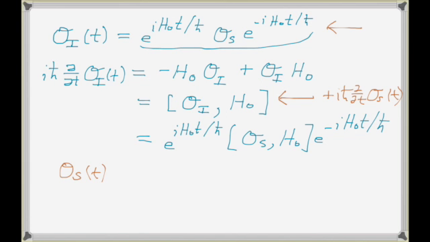I guess you'd still have to keep your e to the iH_0, and you would have to add on to it in this central region plus this iħ d/dt O_S(t).